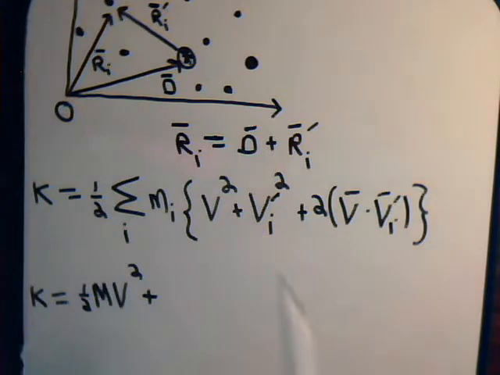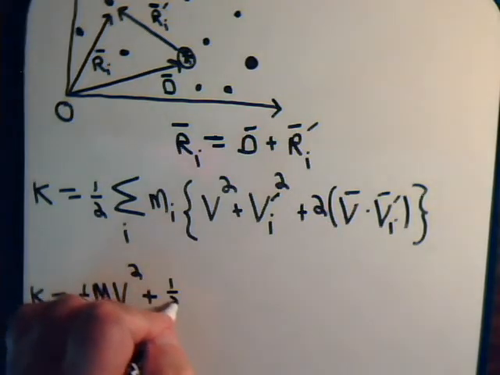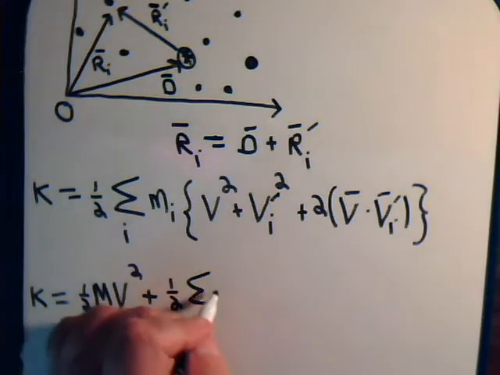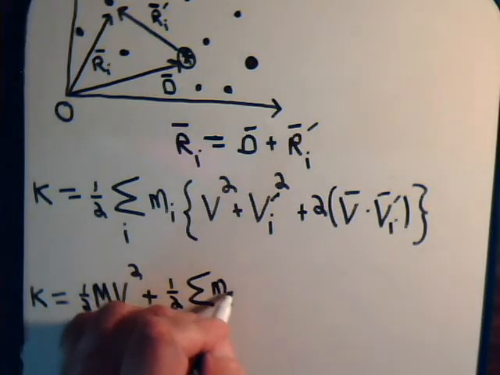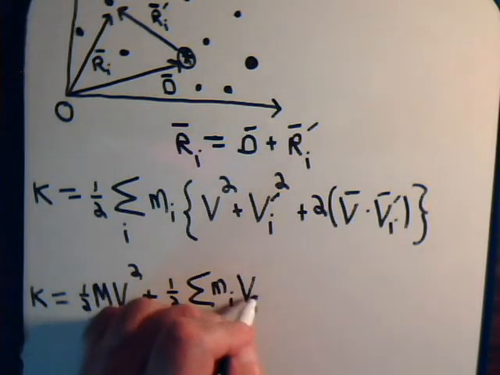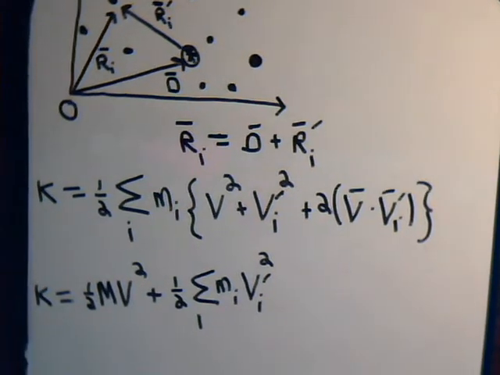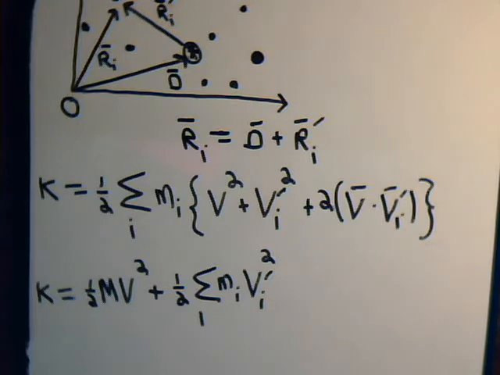Here we have this term, so we're going to have plus 1/2 the sum over i of mi vi prime squared. Now what does this term mean?